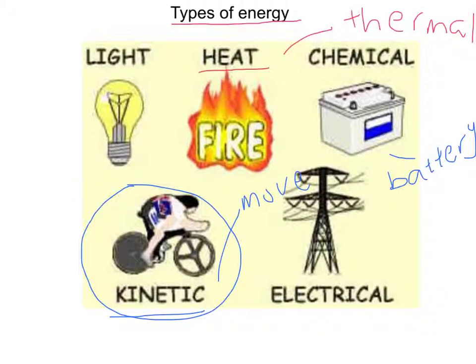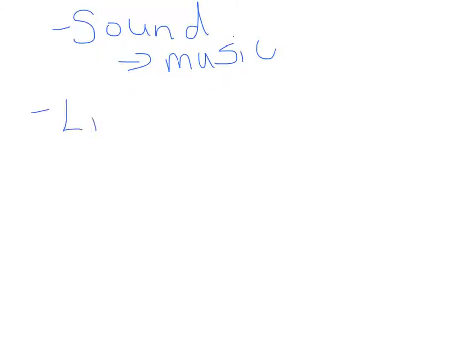There are also some other types of energy mentioned in the picture. So for example, we've also got sound energy. So sound energy is just anything that makes noise. Okay, so for example, you will have music, for example, that is sound energy. We've also got light energy.